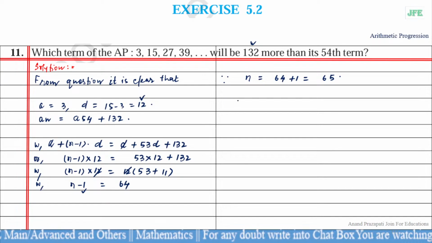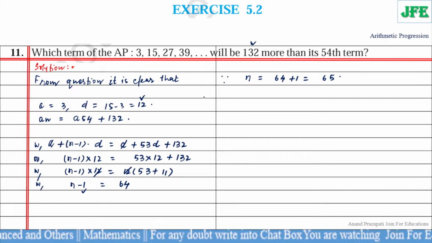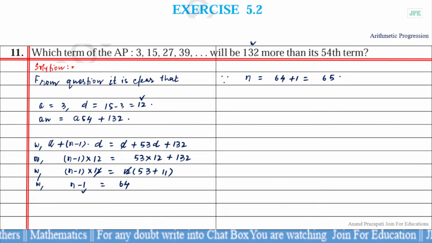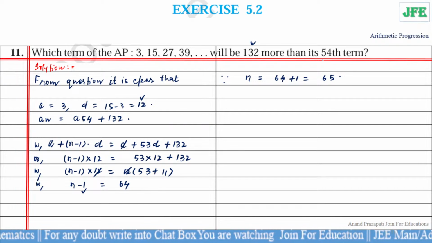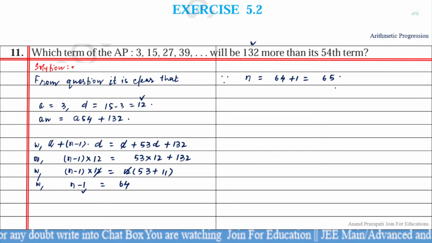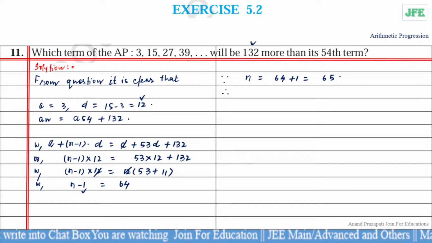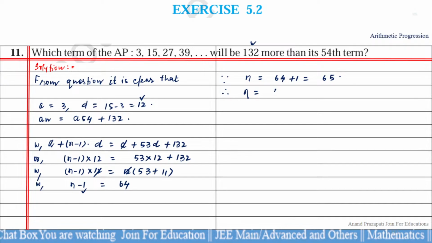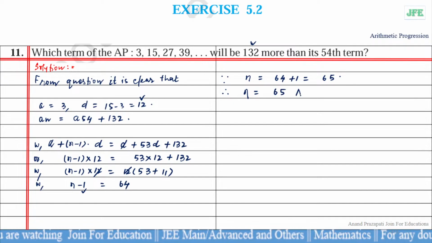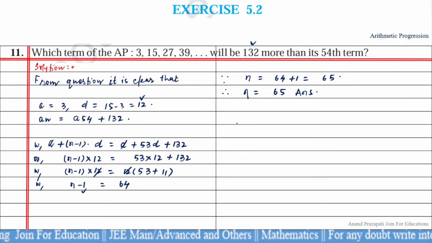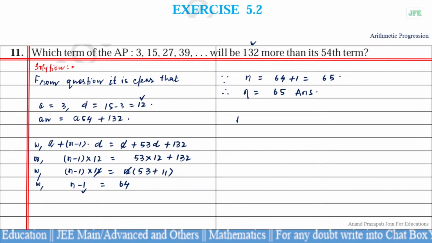Which term? It means that the 65th term of the given AP will be 132 more than the 54th term. So we write down here n equals 65. This one will be the answer of this question. Note down the solution of this question.